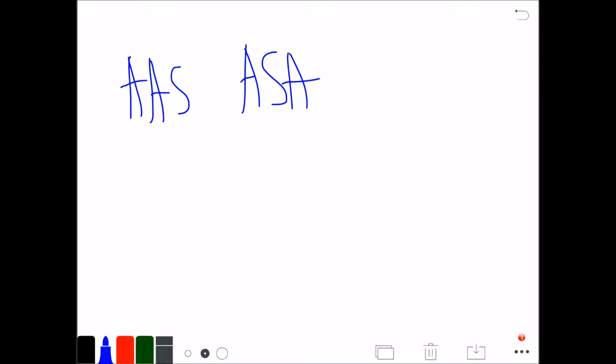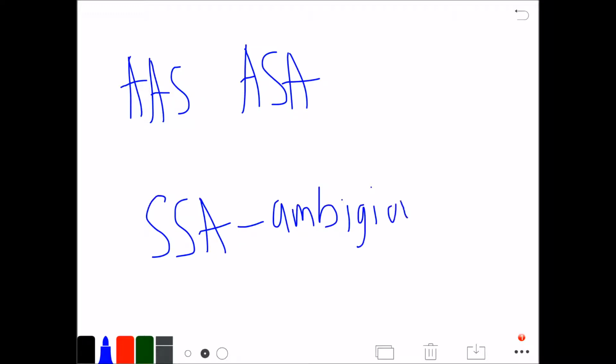Well, in the law of sines, you would use angle, side, angle. In the law of sines, you can also use side, side, angle triangles, but it's what you call the ambiguous case, since in this situation there could be 0, 1, or 2 solutions. But we're not going to go into that in this video. So just a little heads up.